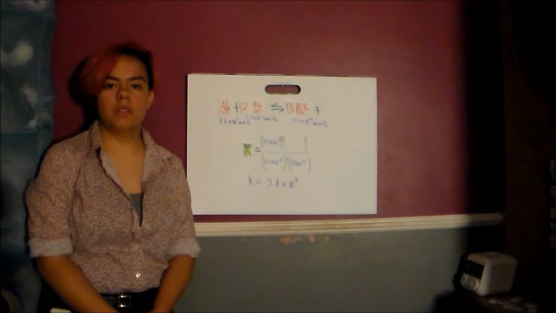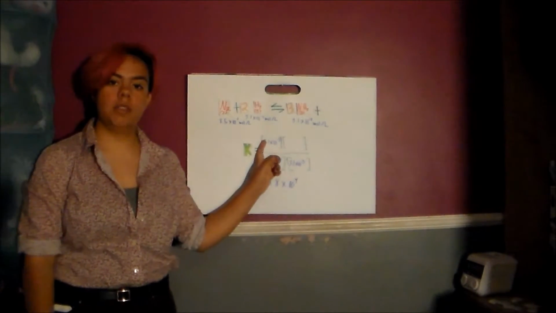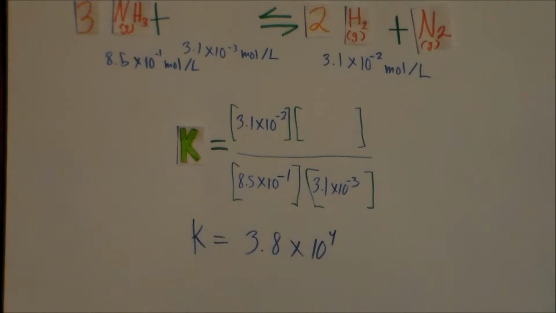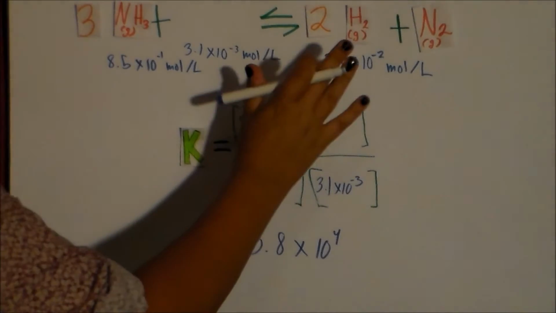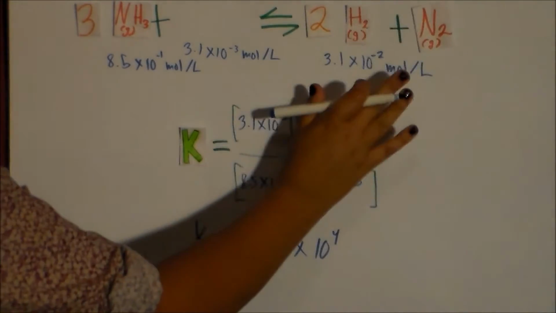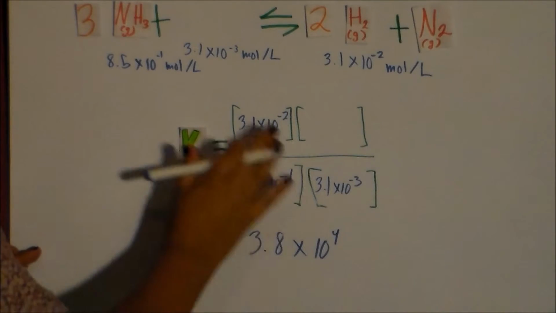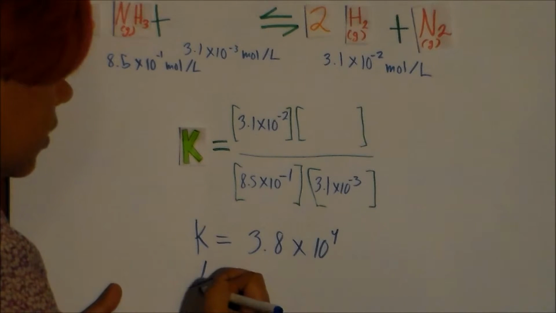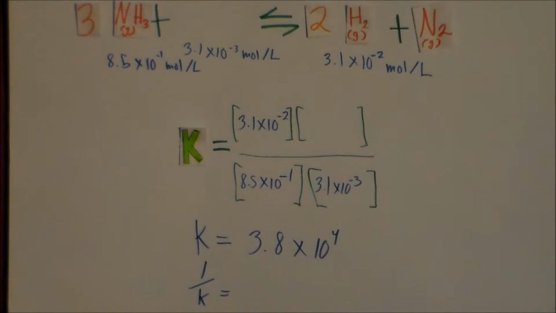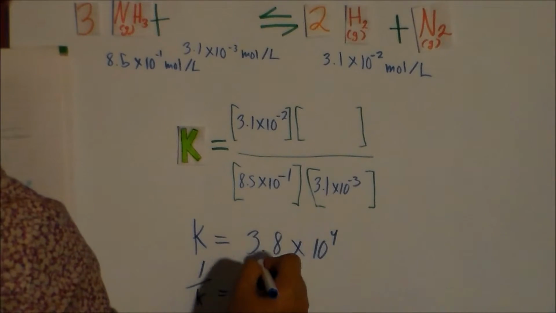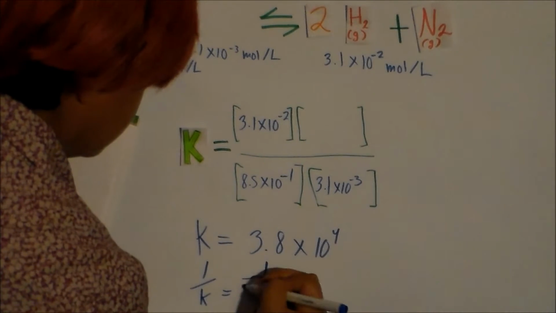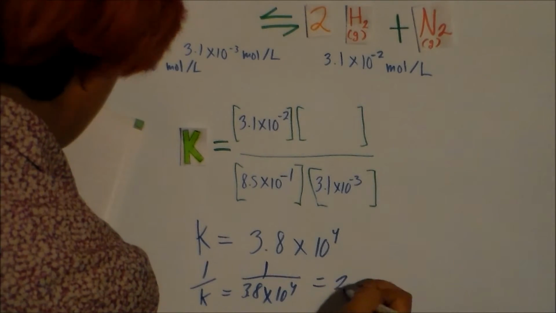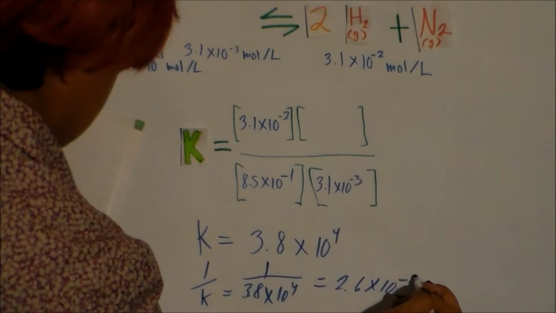Now what if we were to do something to this equation, like for example, switch the products and the reactants? By reversing this equation, we're going to get an inverse K, because if you imagine it, it's still products over reactants, but because we switch them, it's as if we switch the numbers for this original K value, making this new equation's K 1 over the original K, which is going to be 1 over 3.8 times 10 to the 4th, which is going to equal 2.6 times 10 to the negative 5 power.